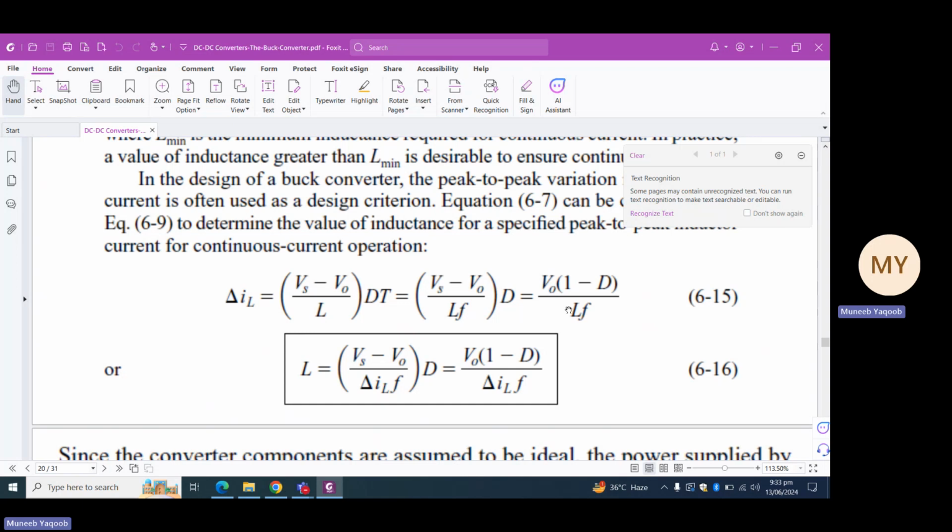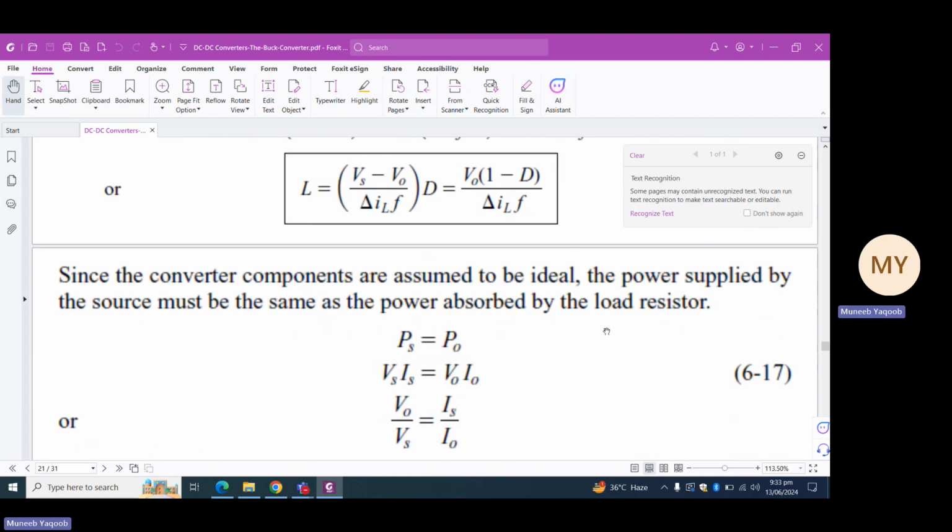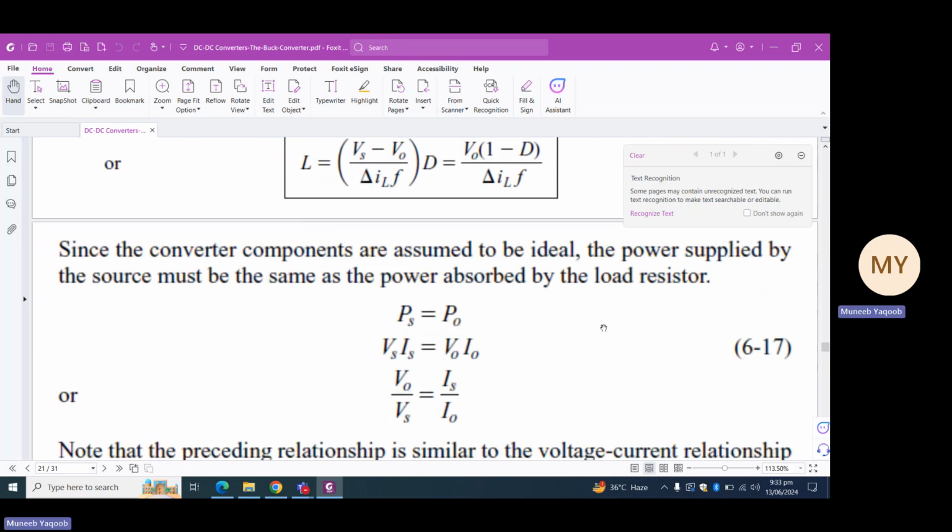Similarly, an expression can be derived using equations 6.15 and 6.16, and hence we can write that L is represented by Vs minus V out upon delta ILF into duty cycle D. So all these expressions are basically to find out the value of minimum inductance that can provide a continuous conduction mode operation. Now coming to the last derivation of the buck converter.